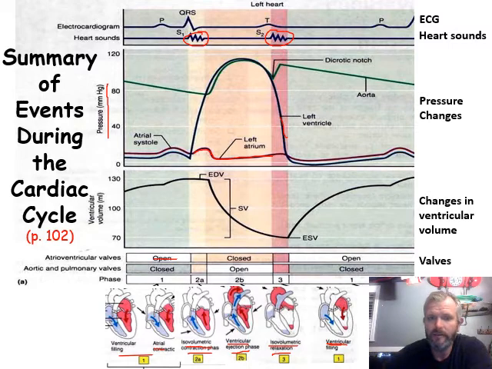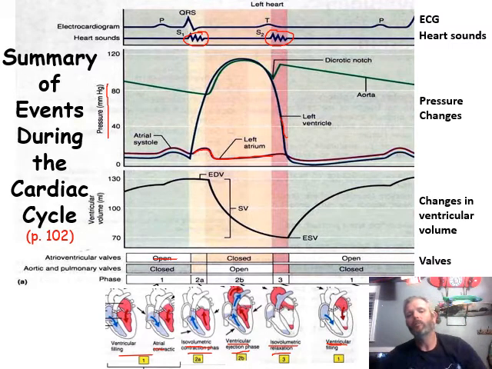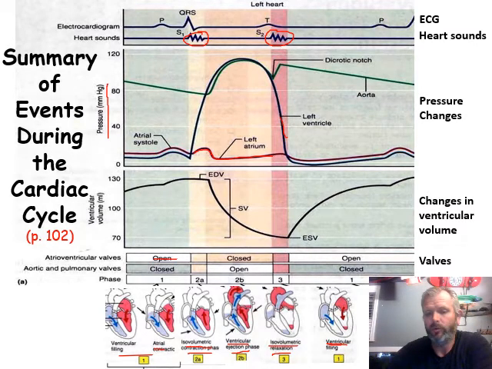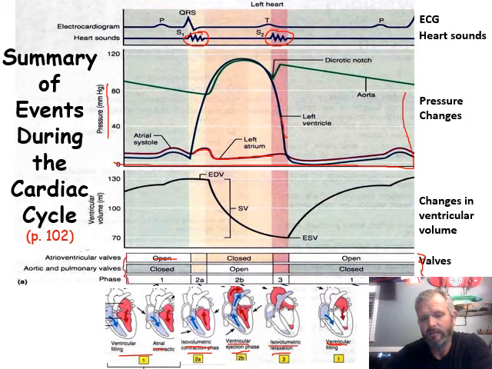Below that, it shows the volume of blood in the left ventricle as you go through these different phases. And then finally, what are the states of the valves during each phase? We'll look at the phases, but chiefly at the pressure changes and what's taking place in the valves.